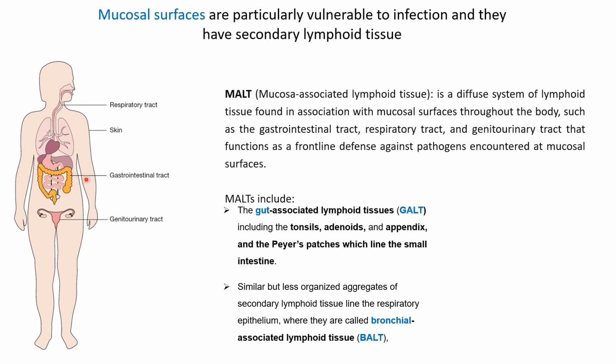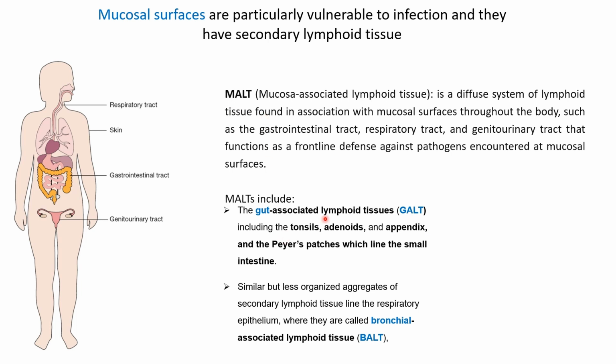In addition, the gastrointestinal tract, a major source of infection from what we ingest, food we eat, as well as the genitourinary tract. So those are three mucosal surfaces which need to have a specialized immune response, and all of them come under this heading of the mucosa-associated lymphoid tissue.